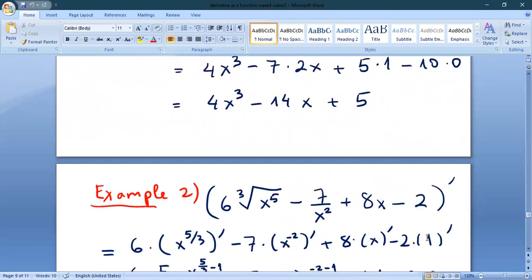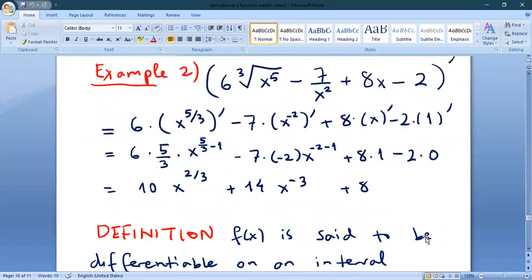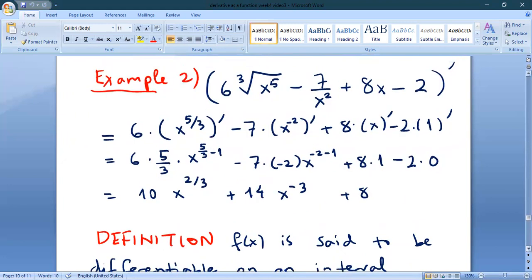Another example, if we have, let's say, 6 times cubic root of x to the 5 minus 7 over x squared plus 8x minus 2, then first we write the cubic root and the division by x squared as power functions, like 6 times the derivative of x to the 5 over 3 and minus 7 times the derivative of x to the minus 2 and plus 8 times derivative of x minus 2 times derivative of 1.